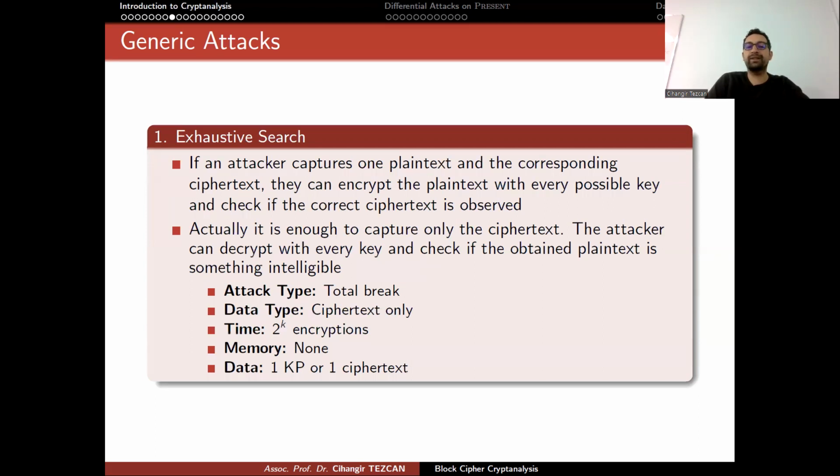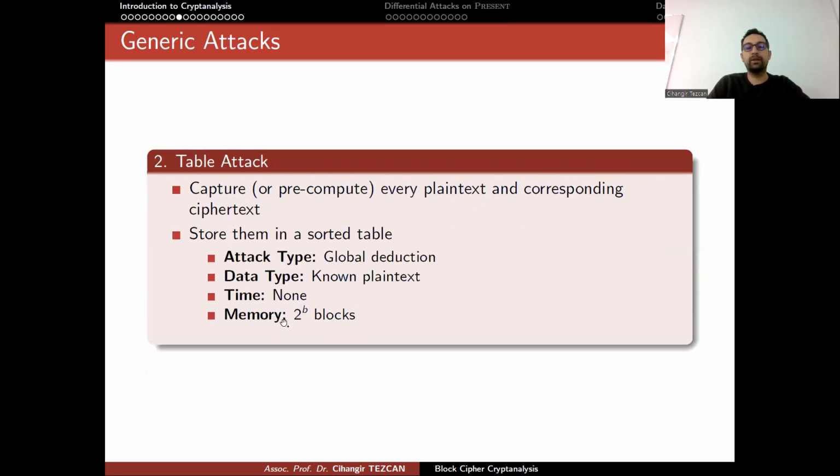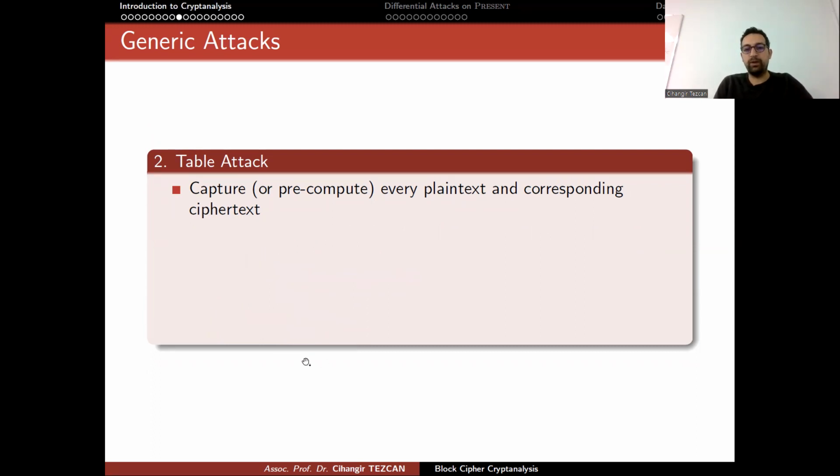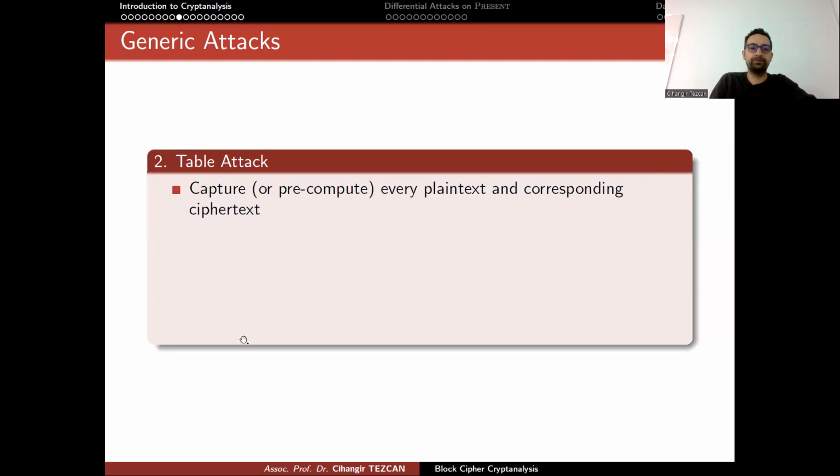So you have to give us an attack that has less time than this, but also requires less memory and less data. Okay. If you perform an attack which requires more than 2 to the b data, which is not possible, or if you find an attack where the time is 2 to the k plus 1, for instance, then we will say that, okay, it is interesting, but it is not better than exhaustive search.